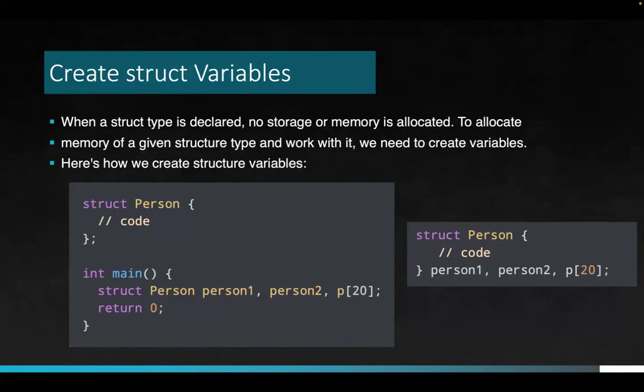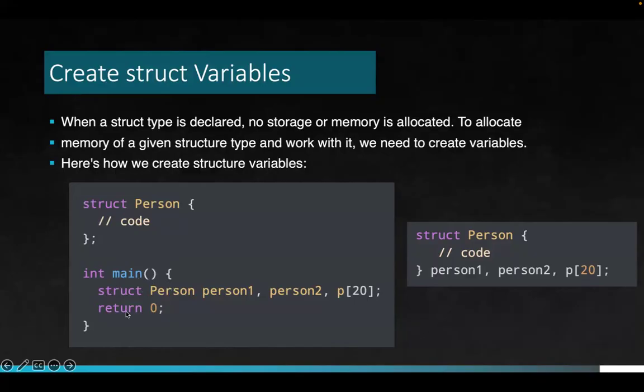To allocate the memory, you need to give a structure type and how to work with the variables. So there are several ways to do it. Struct keyword and person, without any declaration also you can declare. Another format of doing it is you have declared here, but the variables you can declare inside the main function as well.